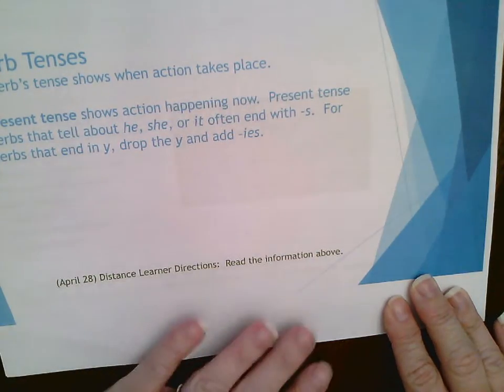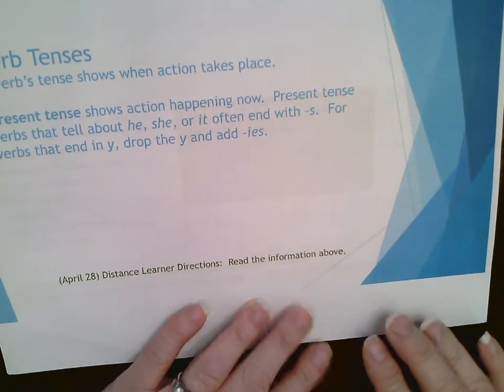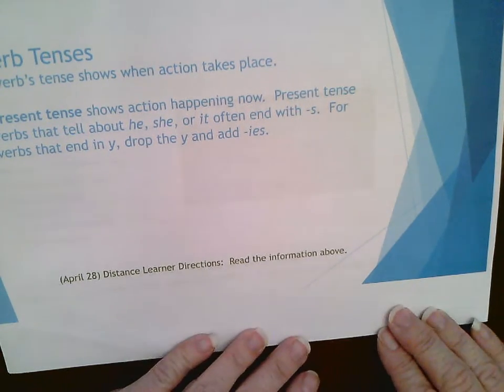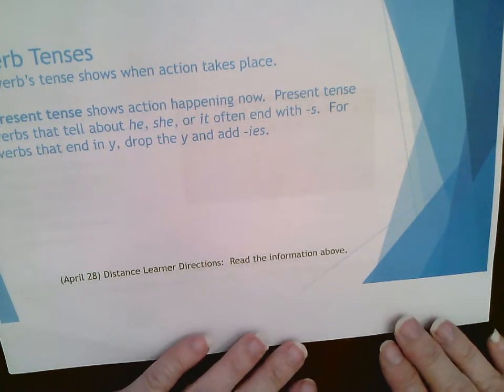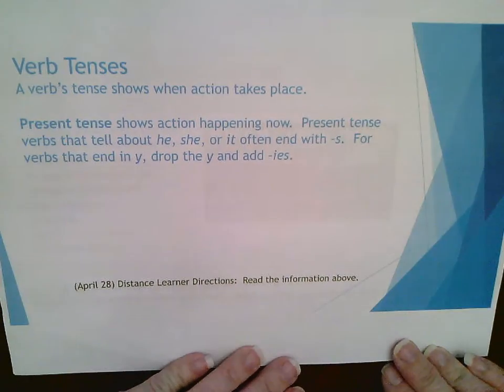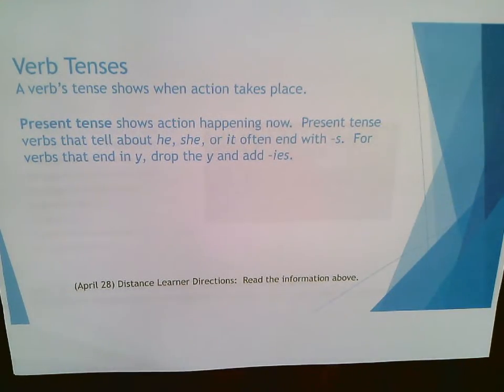Since a verb's tense shows when the action takes place, the present tense shows the action is happening right now. Present tense verbs that tell about he or she or it many times will end with just S at the end of the verb.